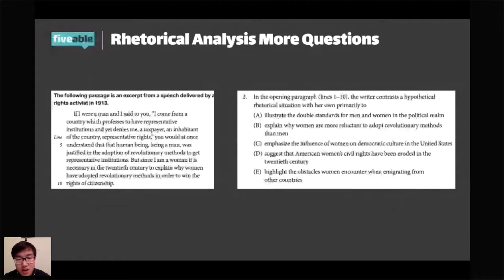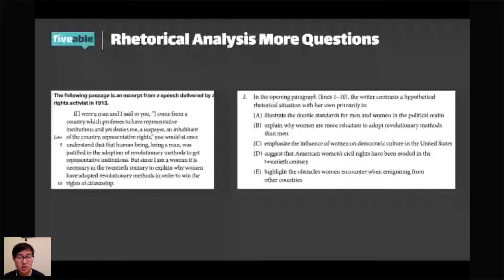The reason it's not answer choice B, explaining why women are more reluctant to adopt revolutionary methods, is because what the author is trying to do is highlight that men can do this and women can't. Because they're right on top of each other and next to each other, that's why it's double standards. Whereas answer choice B talks about why women are more reluctant to adopt revolutionary methods. That's not really why she used the contrast.